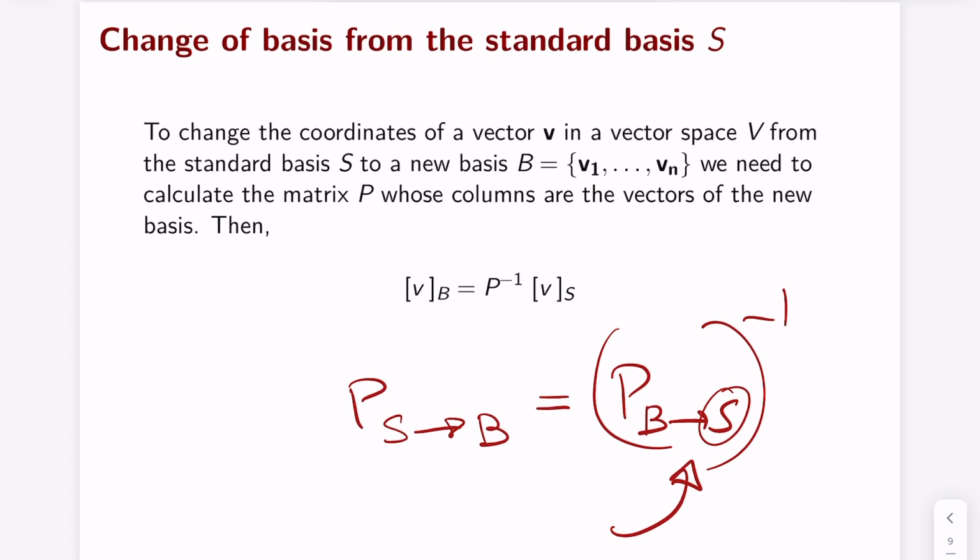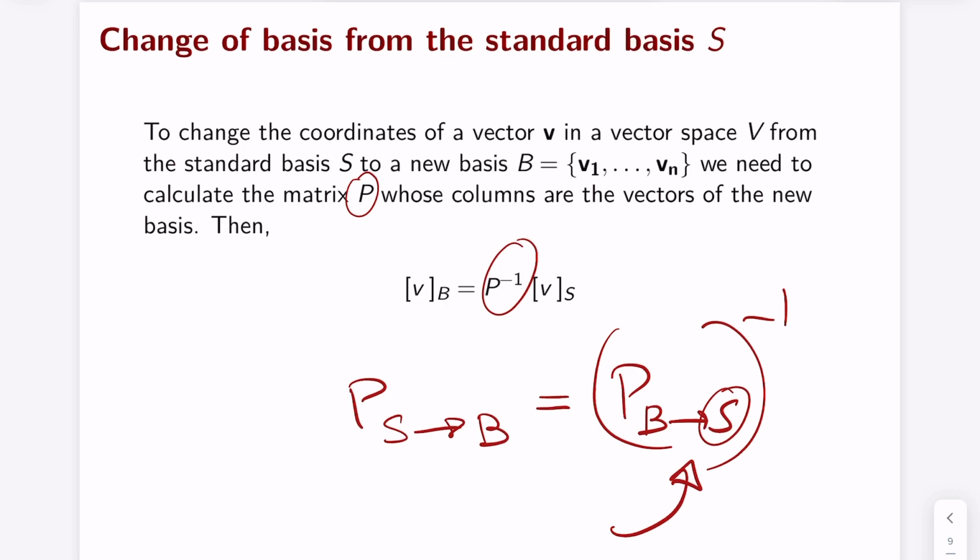Because expressing them in a standard base is just to write the coordinates just as they are. So this gives a simplified version in case one of the bases is the standard. What we need to do is calculate the matrix P, whose columns are just the vectors in the new basis, and then calculate the inverse of this one.